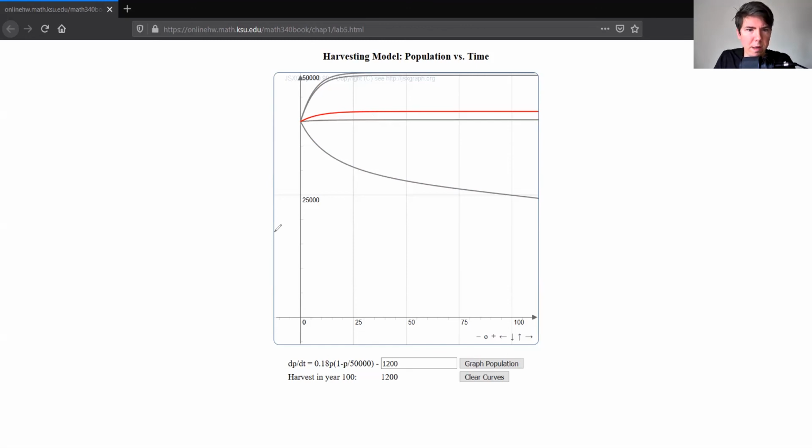Now, what we'd like to do is, let's see, I'm going to highlight this. So we want to take this function down here, dp dt, and we want to think of it like here is the quote unquote y value, or the dependent variable.